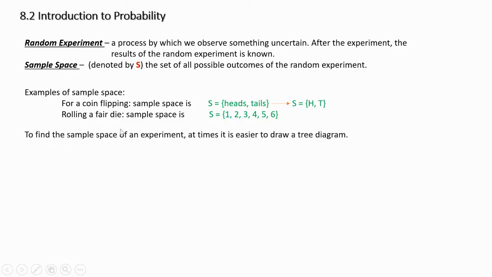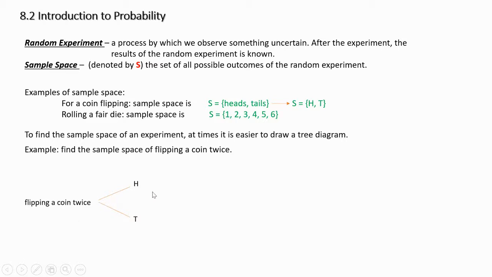Okay, now to find the sample space of an experiment, at times it is easier to draw a tree diagram. For example, find the sample space of flipping a coin twice. So this is my first flip. It can be heads or it can be tails.